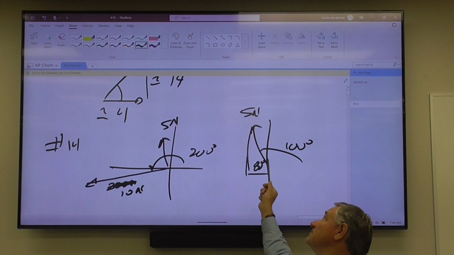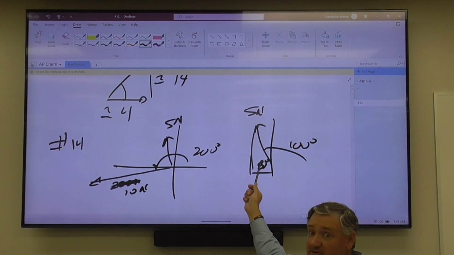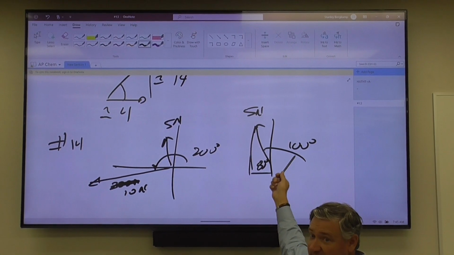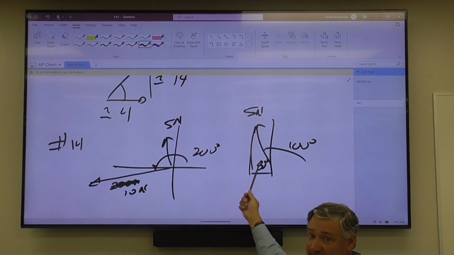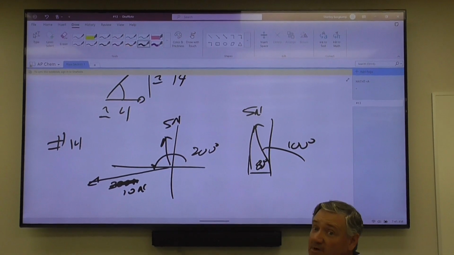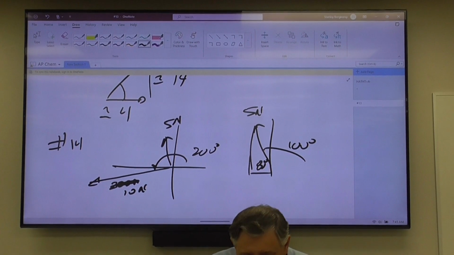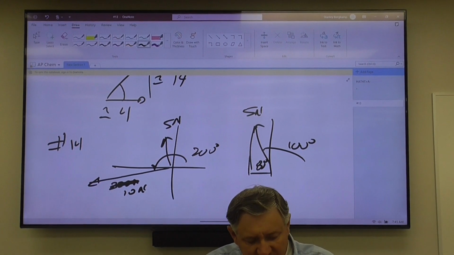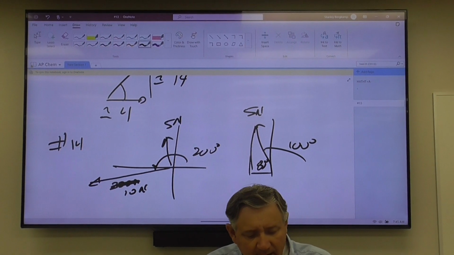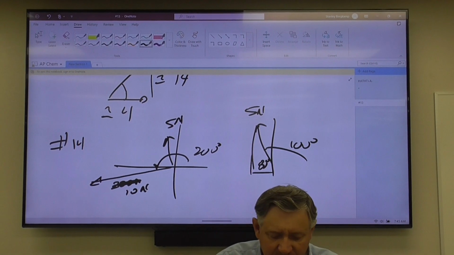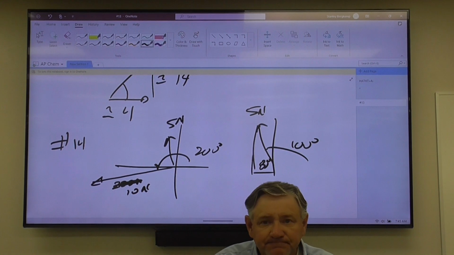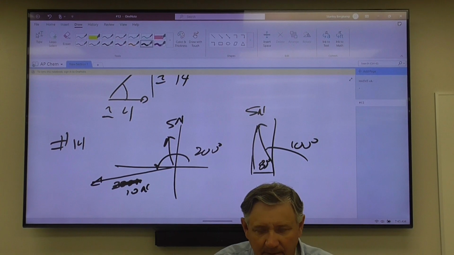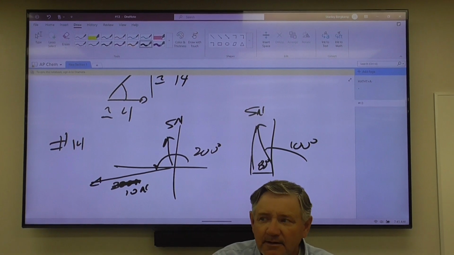Personally, I'm old school because I learned from those charts. My chart stopped at 90. I couldn't look up 100 degrees, but I could look up 80 degrees, so that's what I would work off of. If all goes well on number 14, the force should be around 10, and the angle should be about 100 degrees more than your answer to number 13. I wish I was clever and had that planned. I wasn't. Any questions?